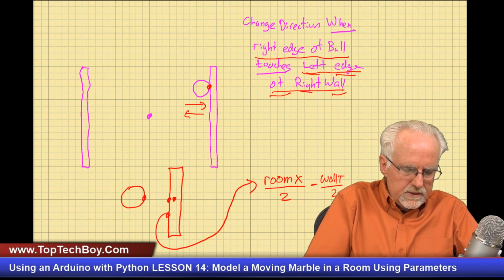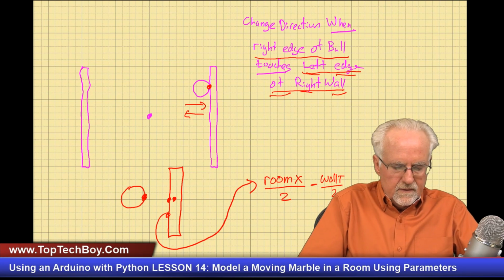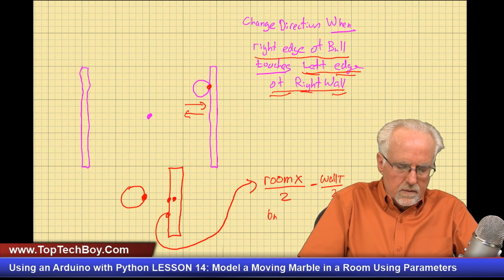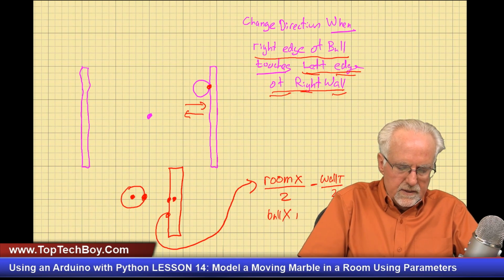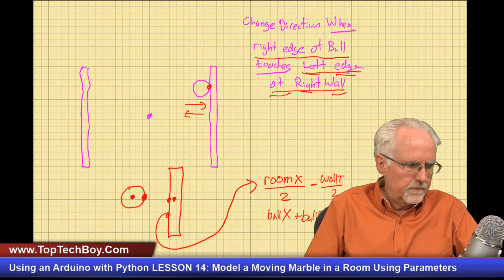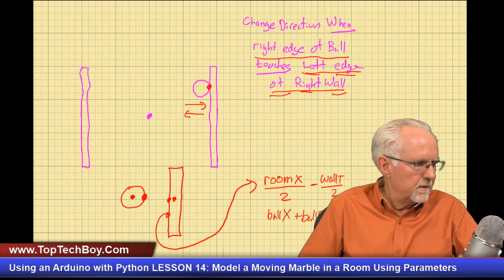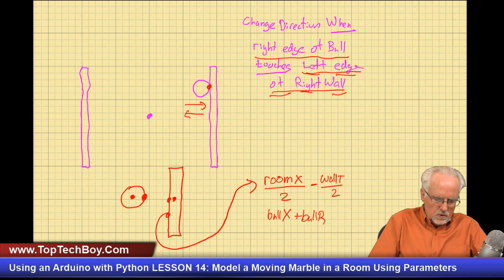Now, what is this point? This point would be the ball X position, wherever that is. And then we would add to that the ball radius. You can't see that. So we take the ball position in X and add to it the radius.